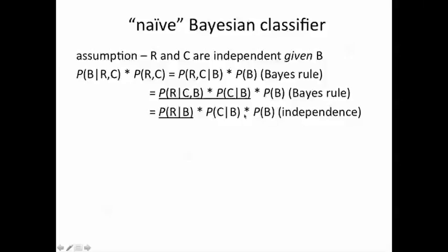Because of this independence, we can essentially separately compute these terms: probability of R given B equal to yes, probability of C given B equal to yes, and then just simply multiply it by the a priori, or the overall probability of B equal to yes. We can do the same for B equal to no.